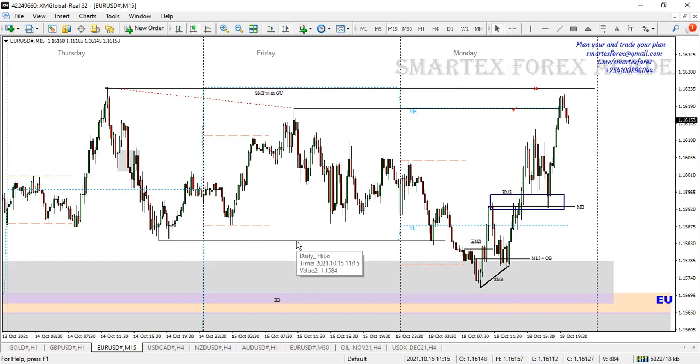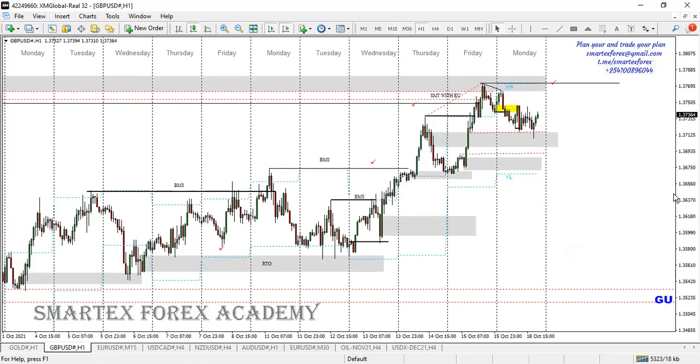Since they took out the sell side liquidity here, the next target was this one, where it's likely to be taken out. So at least this could have given you a clean 50 pips on these AMD setups: accumulation, manipulation, and distribution phase. Another pair we had is GBP/USD.